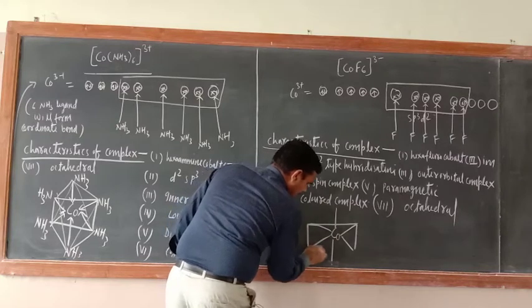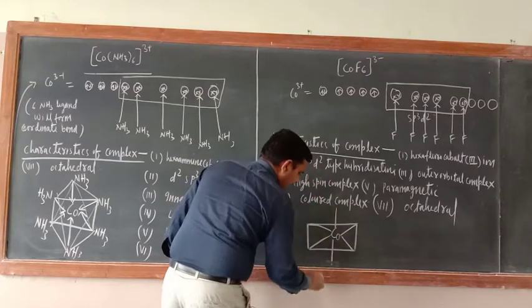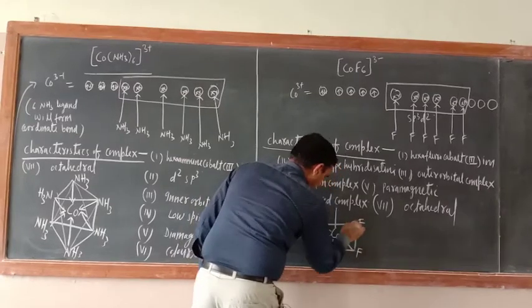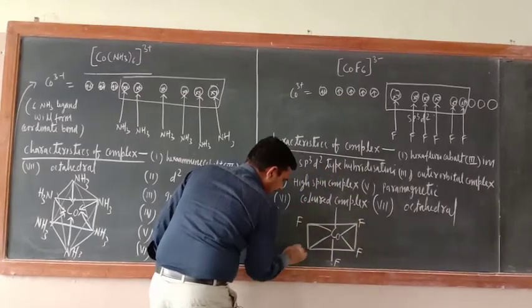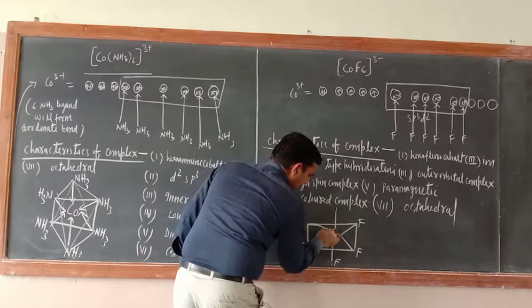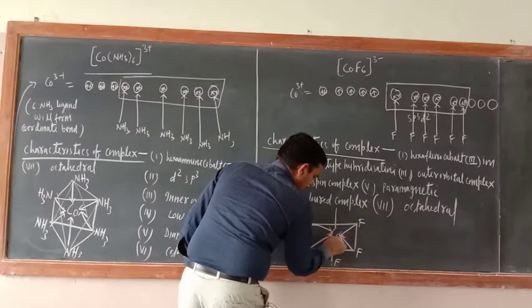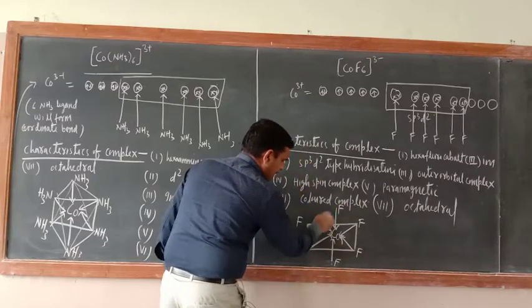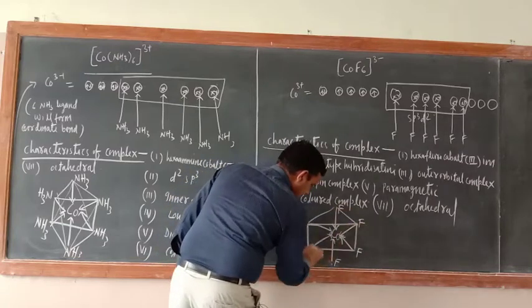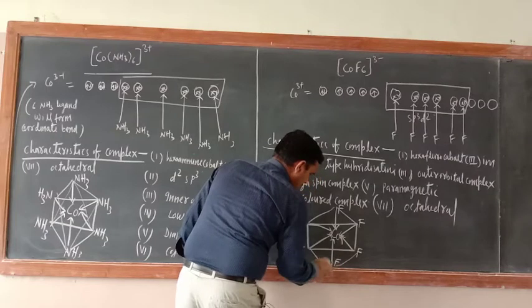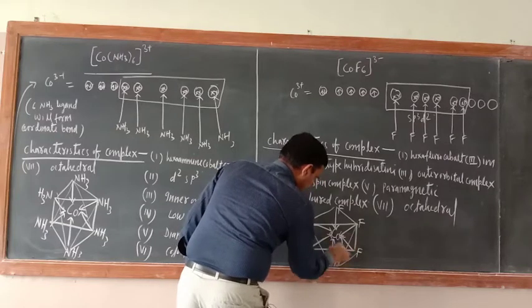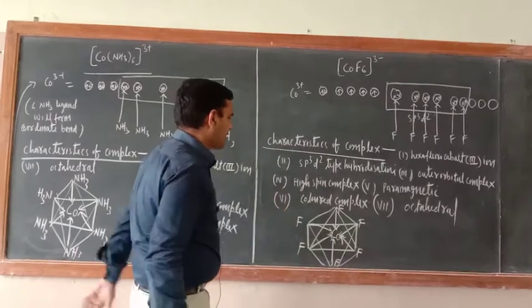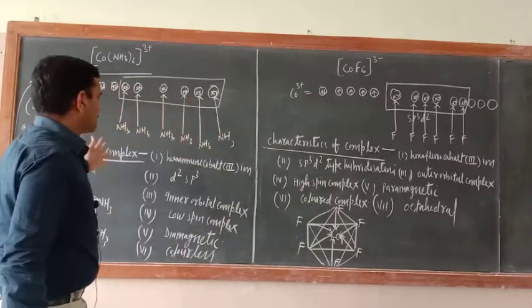Now here F, here F, here also F. Correct? Now this side. Okay? This is octahedral geometry. Okay? So just see.